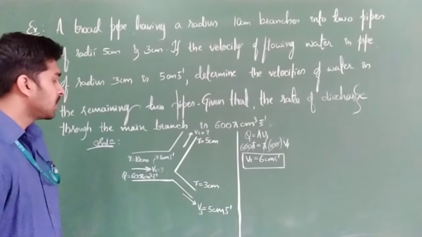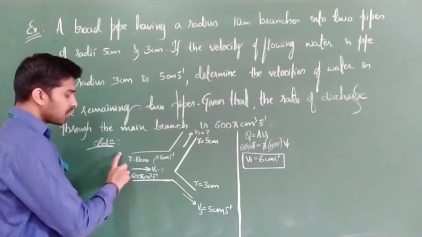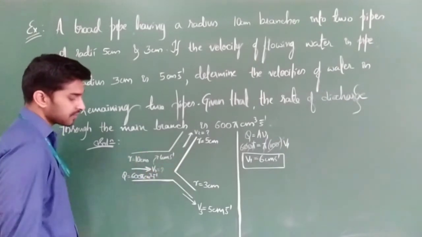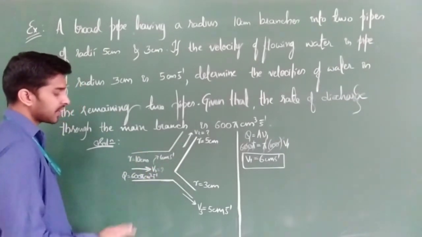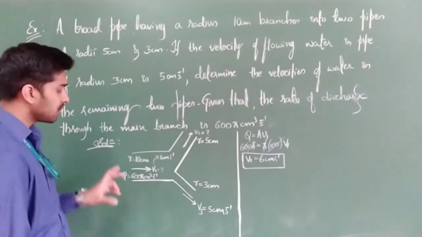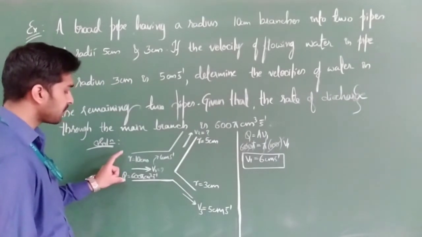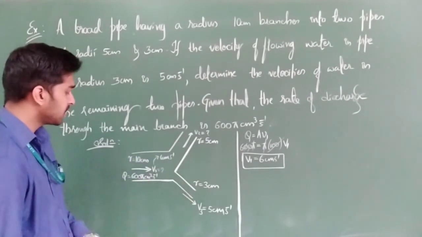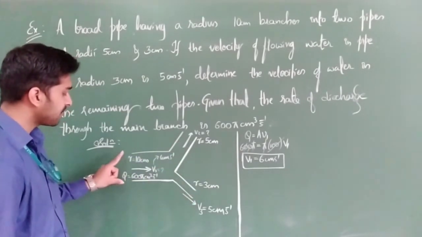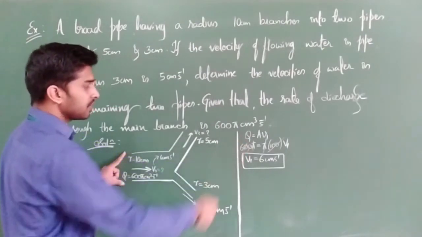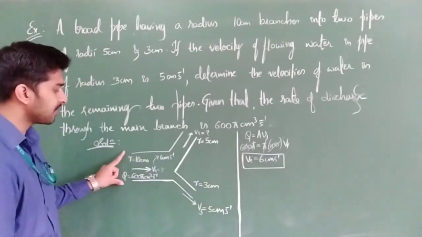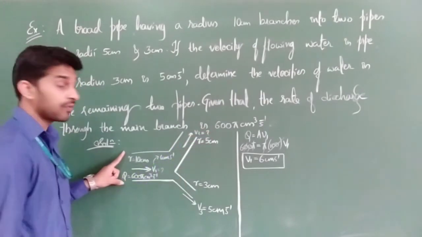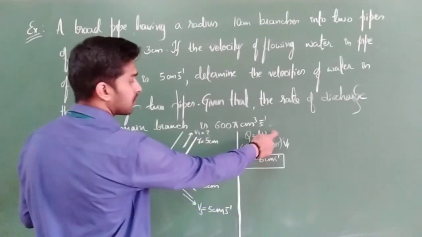Clear? Remember, the amount of water which is flowing here will get divided here. So what I will write means total water, or the rate of discharge we were having here, is equal to the sum of these two. Clear? That means here we are having rate of discharge A into V, or we can write A1 V1, where A is area, V is nothing but velocity.